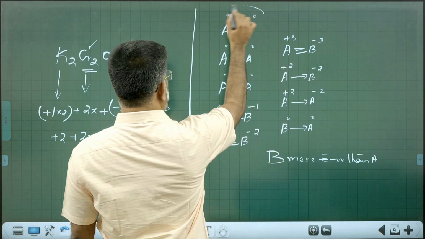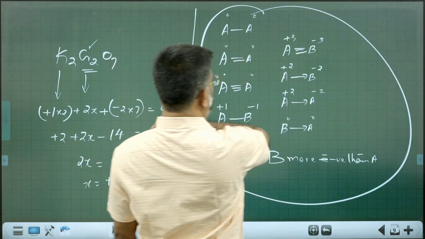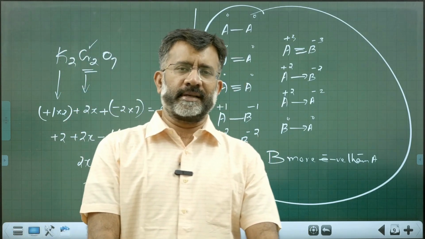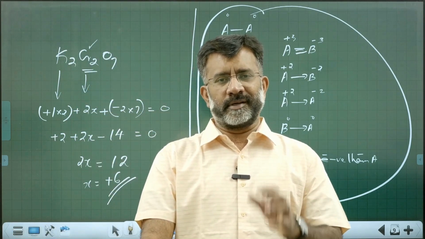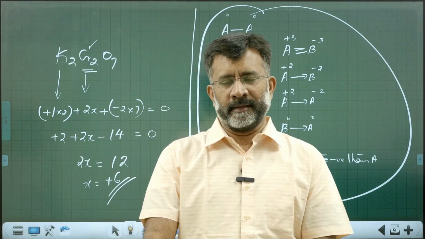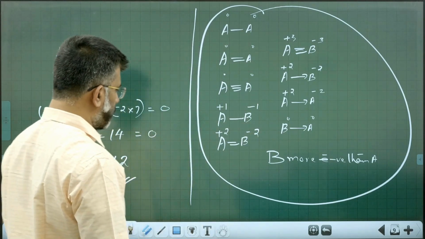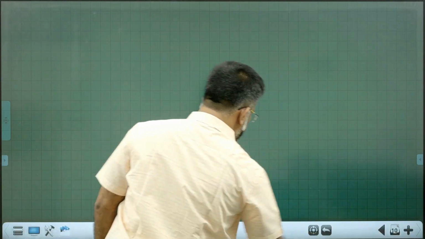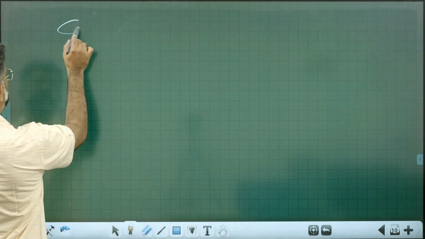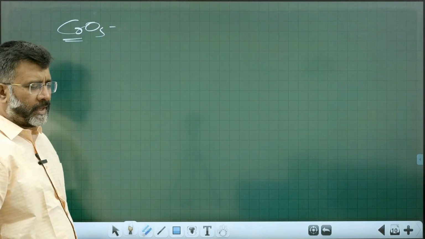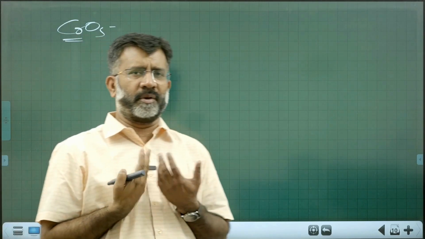That context will also help you to identify the oxidation number. Particularly, there are many scenarios where you encounter the oxidation number paradox, that is oxidation number special cases. Say for example, if you take CrO5, what is the oxidation state of chromium? A very popular example, may be known to all.